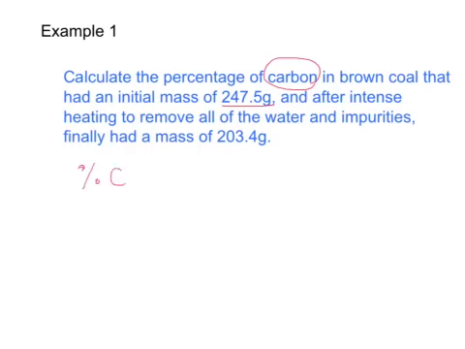So we're looking at the final mass, 203.4, over 247.5, and then we're going to times that by 100.